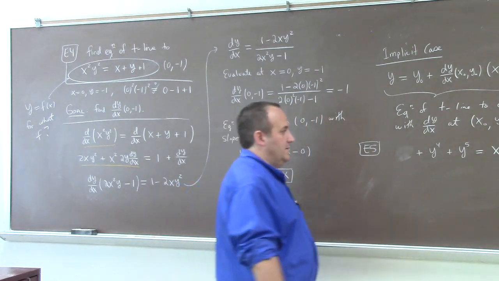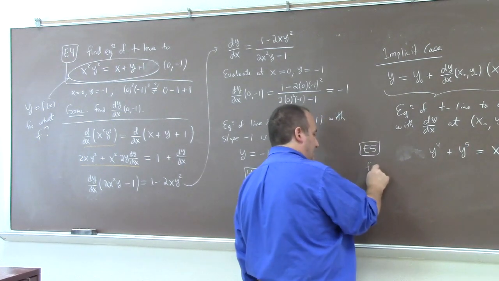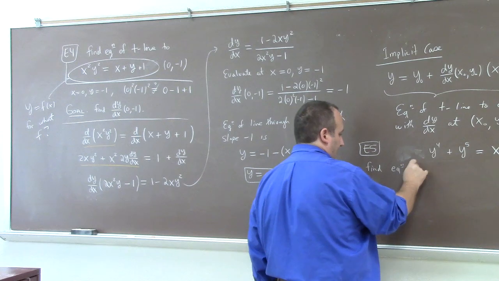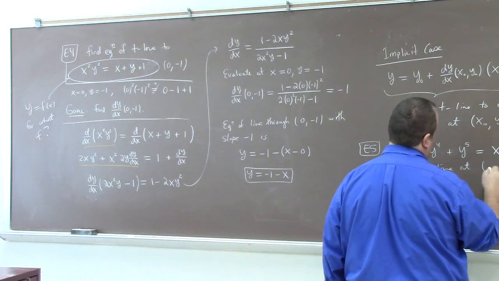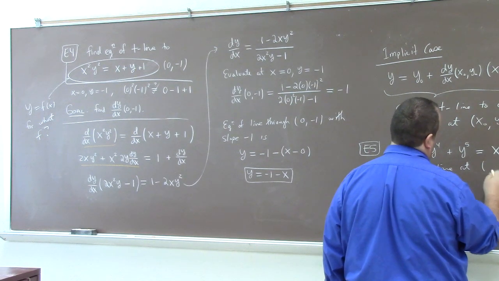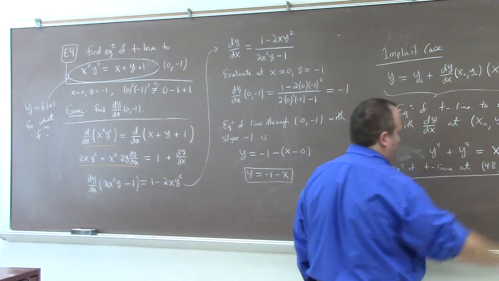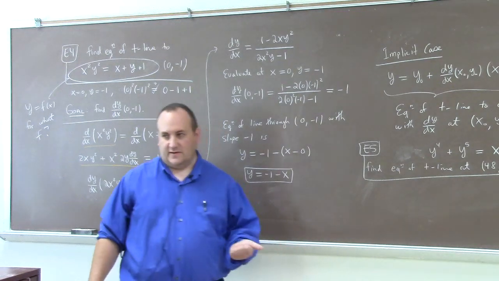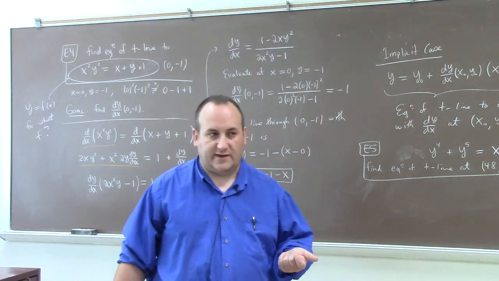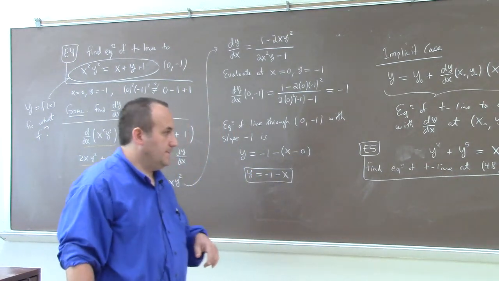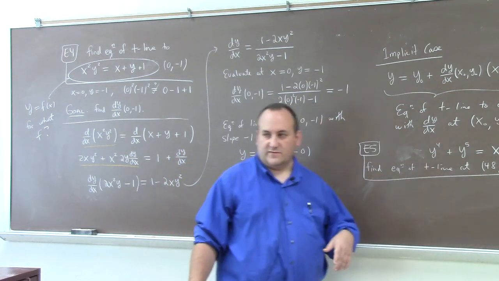Let's find the equation of the tangent line at, oh, I don't know, 48, 2. 2 to the 4th is 16. 2 to the 5th is 32. 16 plus 32 is 48. So that point works. If I put y equals 2, that gives me 16 plus 32, which is 48.